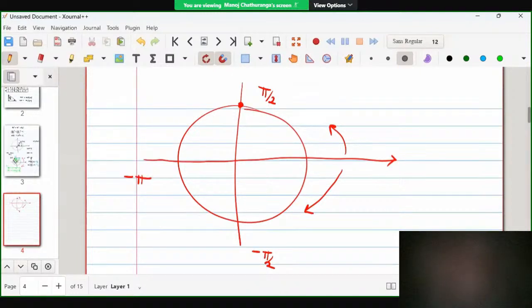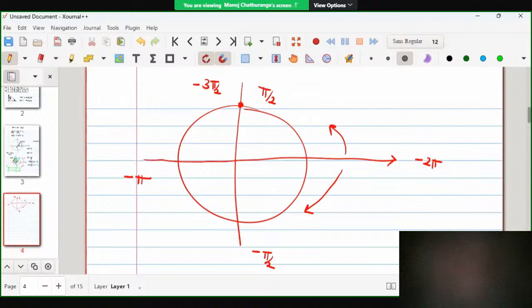This is minus pi, and on the other hand, this is minus pi by 2. We keep going in the negative direction, this point will be minus 2 pi. There is no restriction that we need to stop at some point.